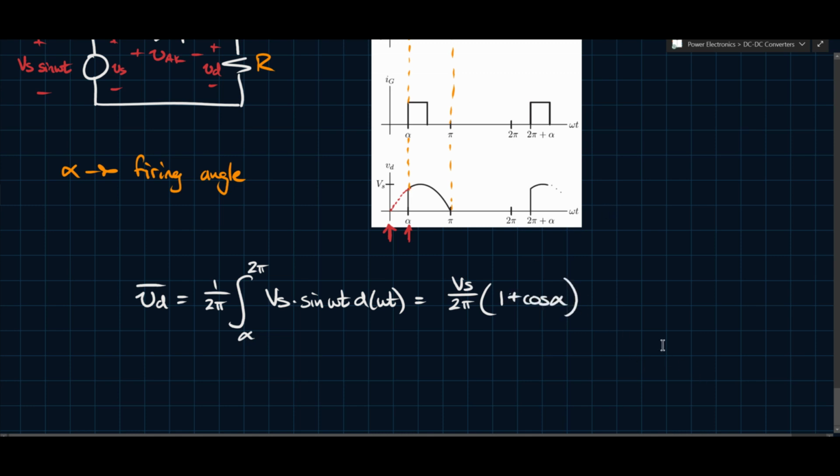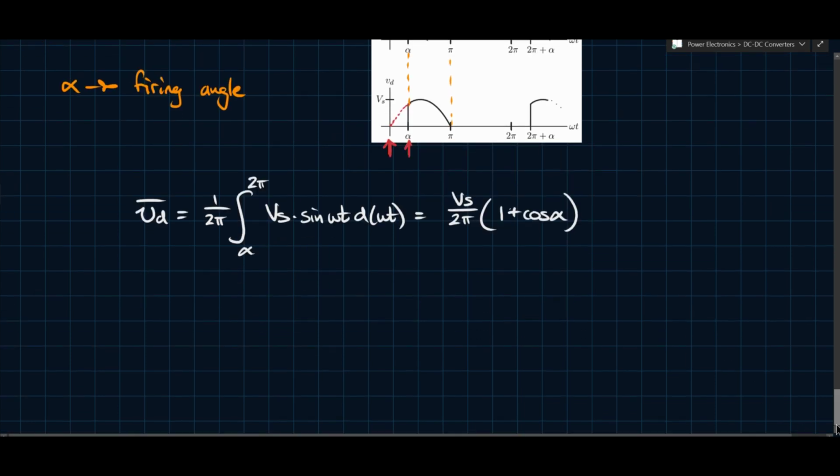And so we can also define a sort of maximum output of what the diode half wave would be. So we're relating this to the diode case as a sort of benchmark. What I can say is we can call this VD naught divided by 2, times (1 plus cos alpha).